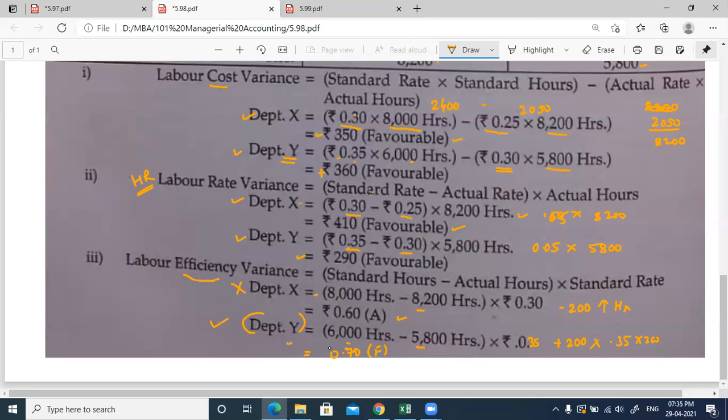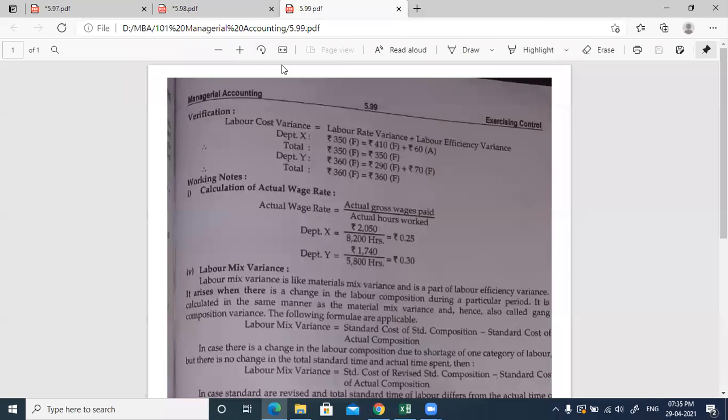So this is your labor cost variance, labor rate variance, and labor efficiency variance. Let's see the verification on the next page.